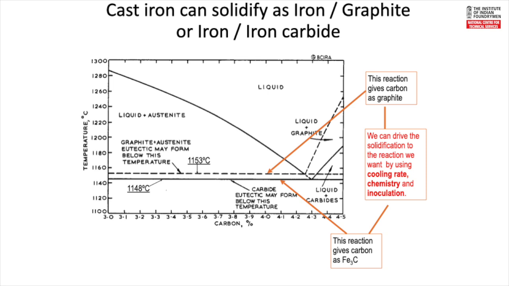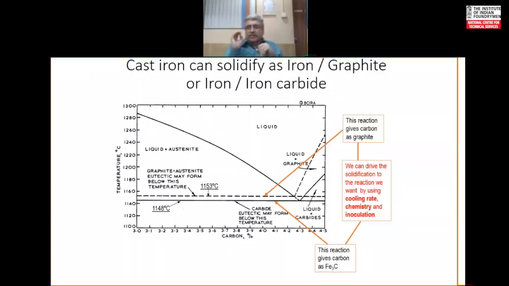As many of you would be familiar, in this section of the iron carbon diagram, which covers only the cast iron range, you have these dotted lines shown here, which represent the, so to say, graphite lines, while the solid lines below are Fe3C or cementite or carbide lines.